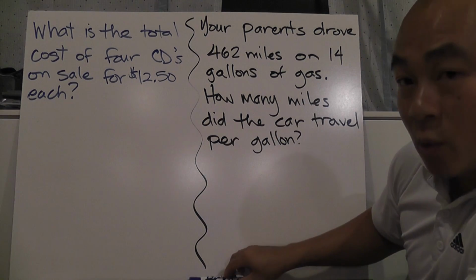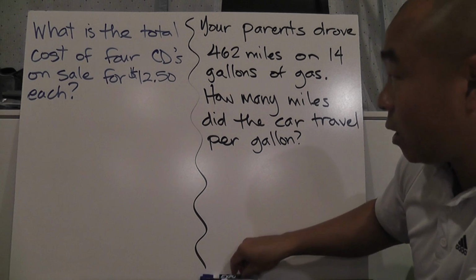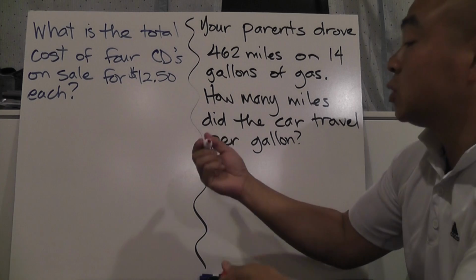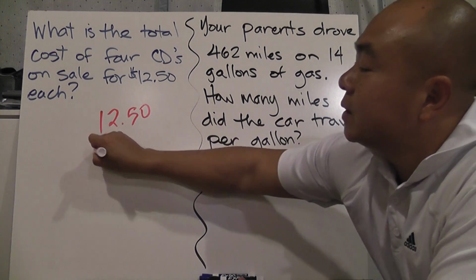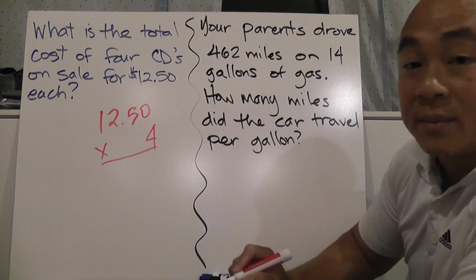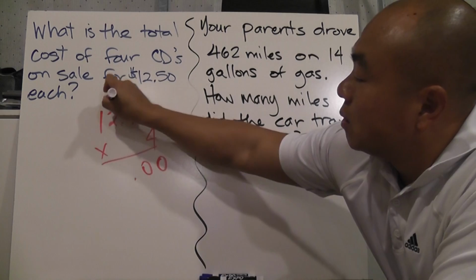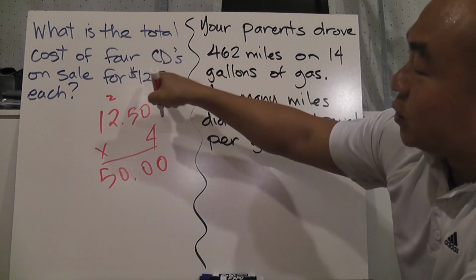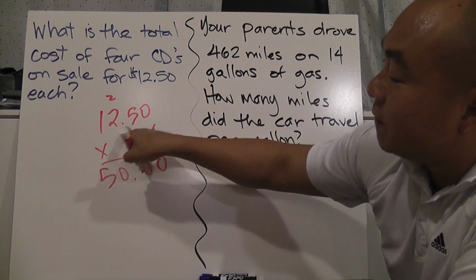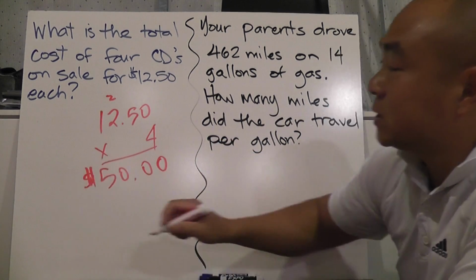So even the words that I just said, 4 times, you may as well just go ahead and multiply $12.50 times 4. So the price of the 4 CDs is going to be $12.50 times 4, and that gives you $50 for all 4 CDs.